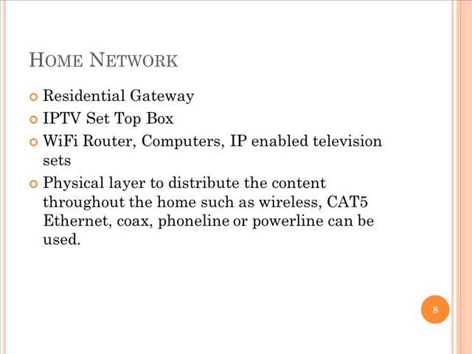So if we have thermostats in the house, or that IP-enabled TV that has maybe Wi-Fi already built into it, a gaming console, whatever you can think of these days is becoming wireless enabled, and that would be the physical layer to distribute the content throughout the home. And those physical layers could be wireless, with a Wi-Fi router in place, or could be Cat5 Ethernet, coax, phone line, or power line can be used.